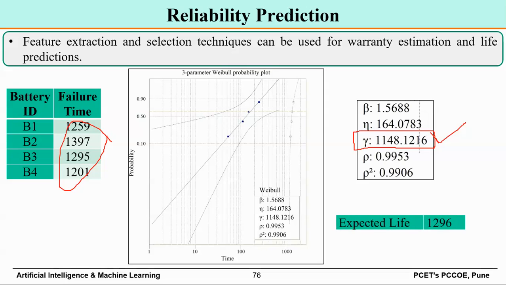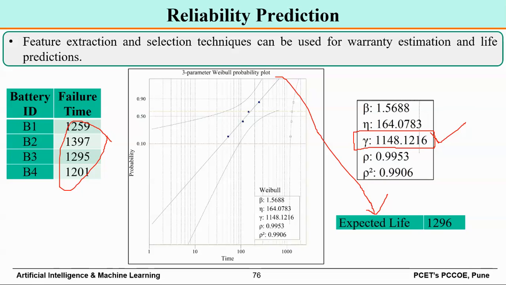But Weibull distribution also tell you what is the expected life of the battery, because there is a mathematical equation. If we get these parameters beta, eta, gamma, there is a well-known formula for model Weibull distribution which will give you the expected life of the battery as 1296.